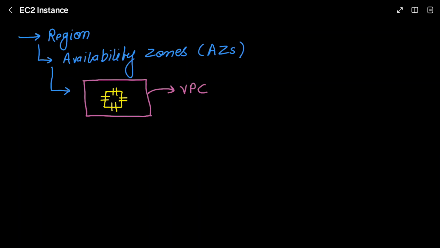And another layer of security that you can have for these instances is something that encapsulates the EC2 instance directly. These are known as security groups. Normally, whenever you spin up an EC2 instance, it comes with a default security group. You can also create your own security groups and configure them the way you want.